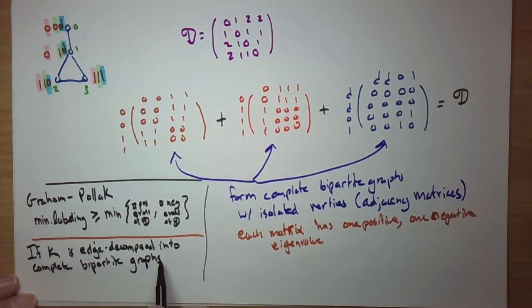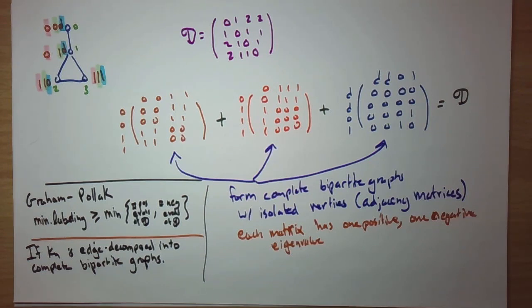And just talk about what's going on here. So edge, we're taking the edges of the complete graph and splitting them up into smaller chunks. Each chunk is itself a complete bipartite graph, possibly with isolated vertices. We're okay with isolated vertices, but other than that, everything looks like a complete bipartite graph. That's what we mean by edge decomposition.